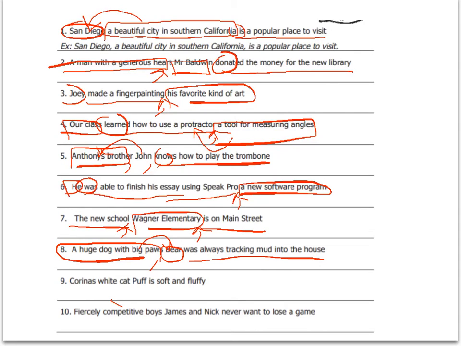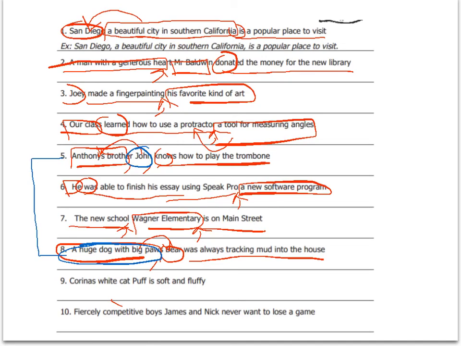Now you might ask at this point, if you look at number 8 and you look at number 5, why is it that John is the appositive here and "a huge dog with big paws" is the appositive here? The important thing to remember is that we are putting commas around non-essential appositives, so the information that is least important. If you look at number 5, who knows how to play the trombone?